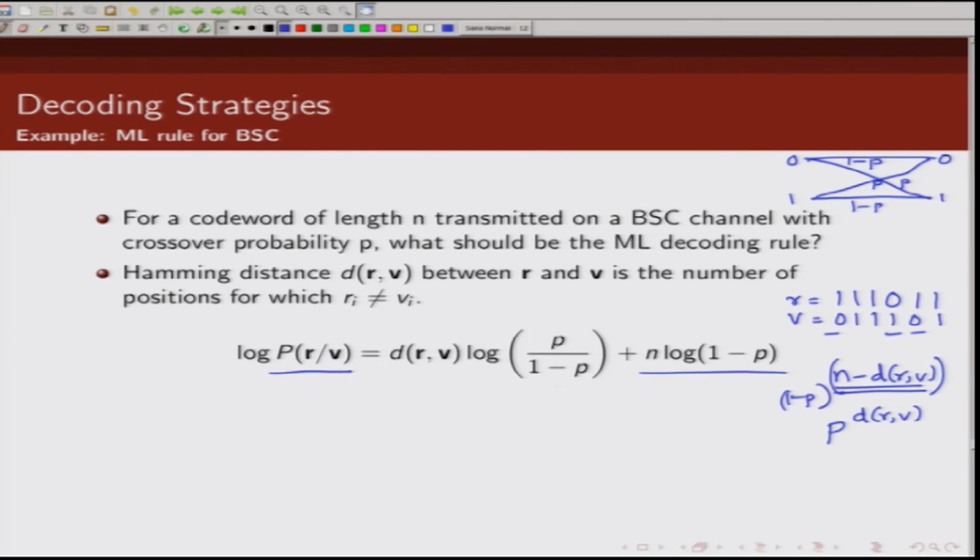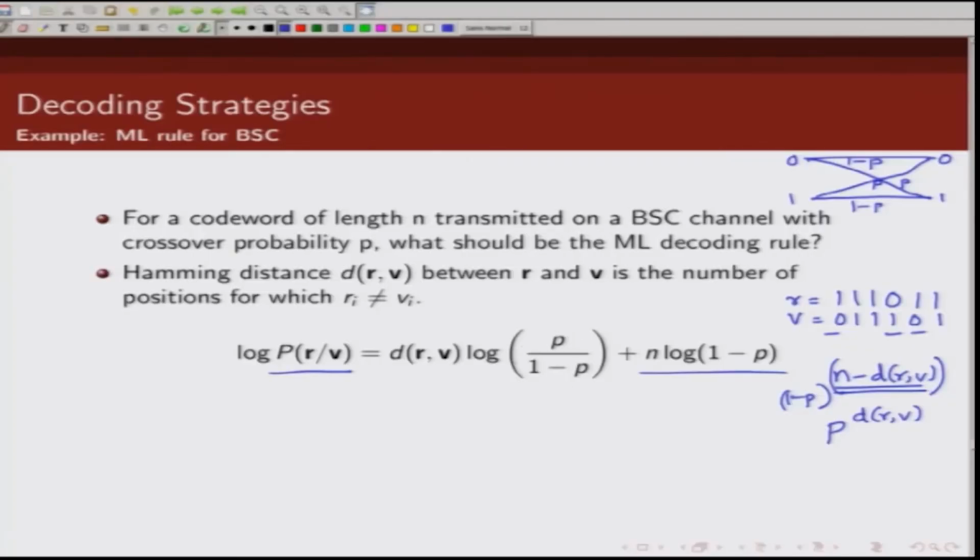Now, look at this term closely. Typically, the crossover probability will be smaller than half. If that happens, what happens to this ratio p by 1 minus p? This will be some ratio between 0 and 1. And what happens to log of a number which is between 0 and 1? That is a negative quantity.